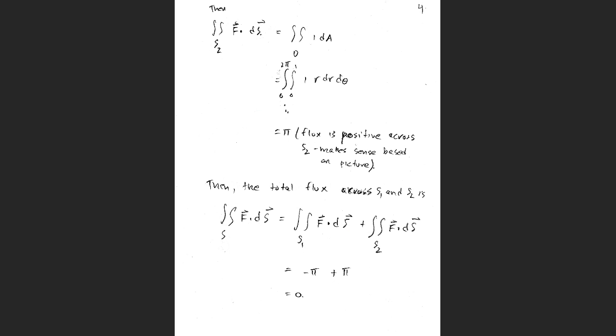So now we just compute the flux. In this case, the flux is positive across that surface because the field, to the right of the xz plane, the vector goes to the right.